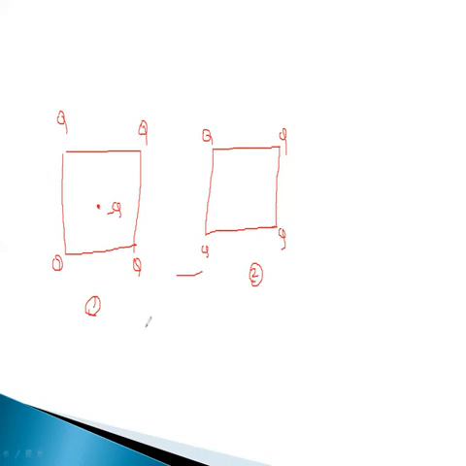So the difference in potential energy is the work done, U initial minus U final. That work done is nothing but the potential energy between these two charges, 1 by 4 pi epsilon naught, which is a common factor for everything, times minus Q square by, what is the distance here? If the side is A, this will be A by root 2. So minus Q square by A by root 2.